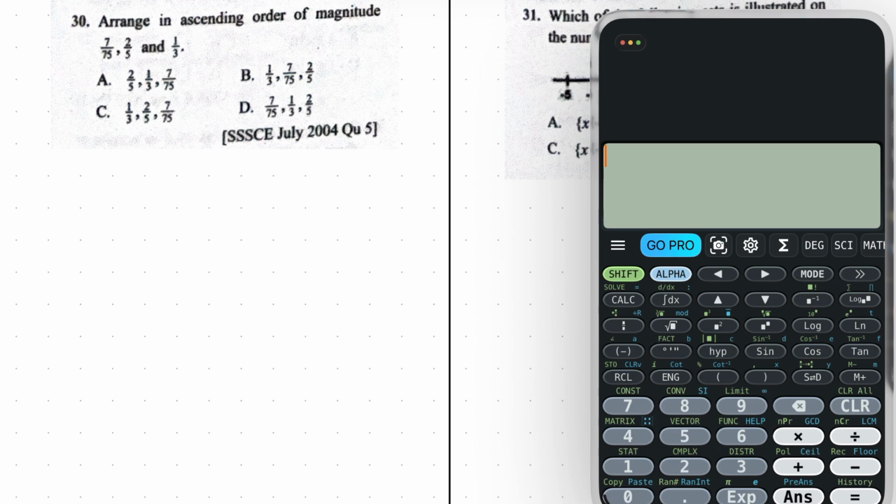So the first one is what? 7 over 75. Let me put it as decimals. Okay, 0.093, right?